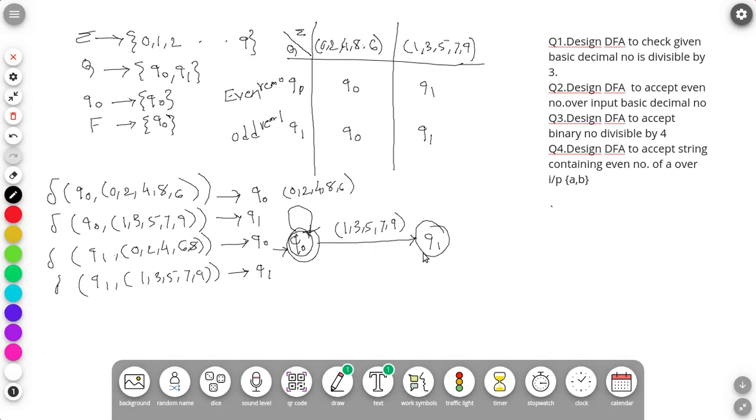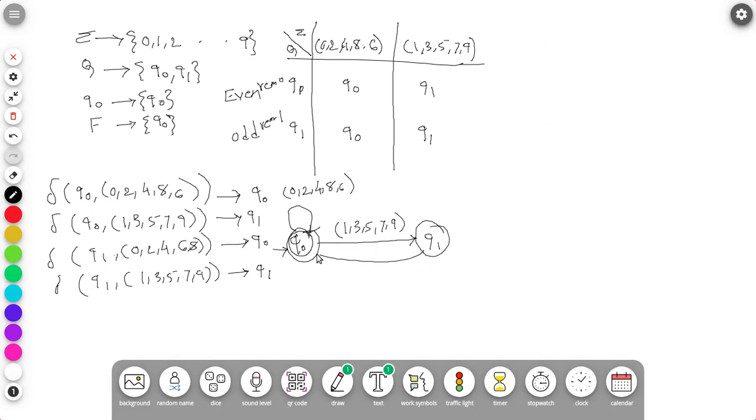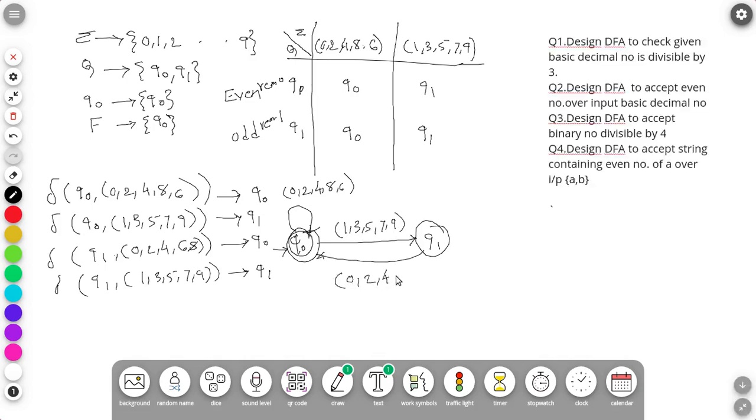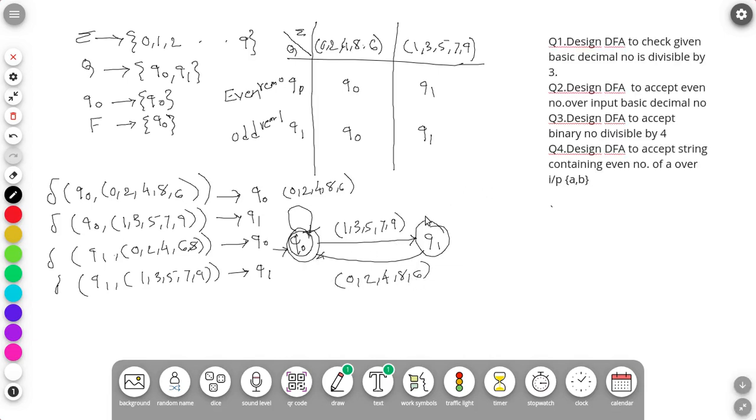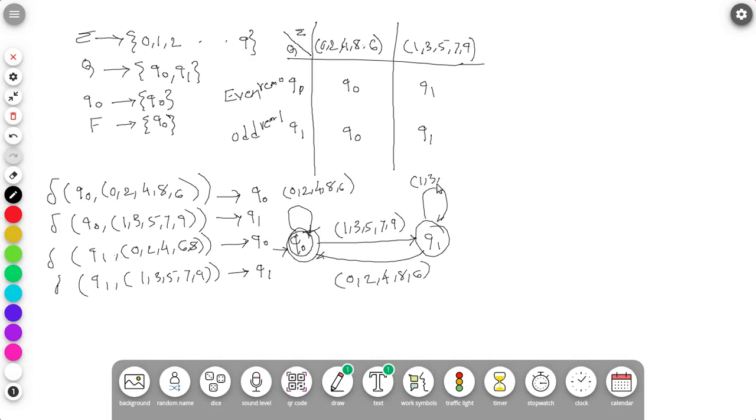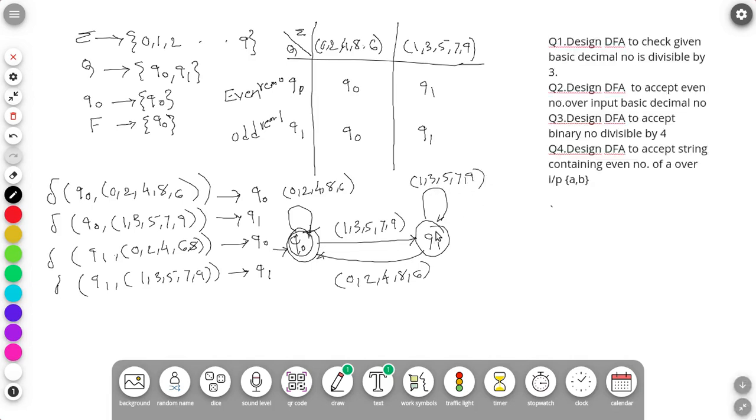Q1 with input 0, 2, 4, 8, 6 goes to Q0, and Q1 with input 1, 3, 5, 7, 9 goes to Q1 itself. So this is the total state transition diagram for designing a DFA to accept an even number over the basic decimal number input.